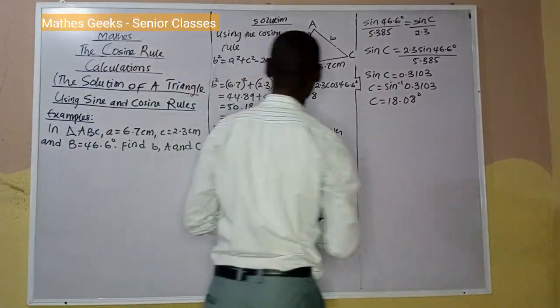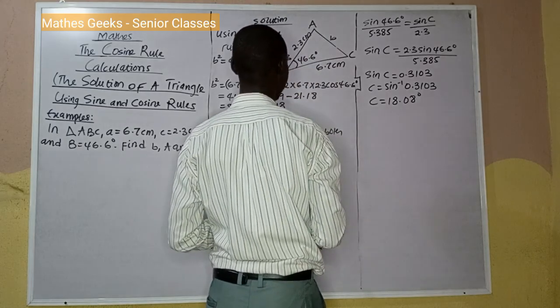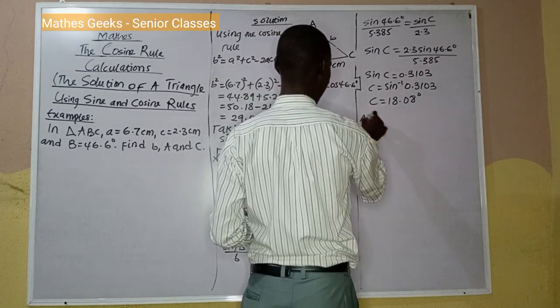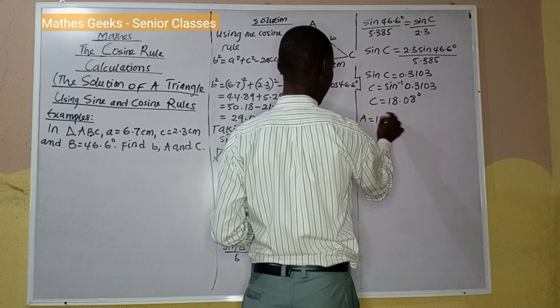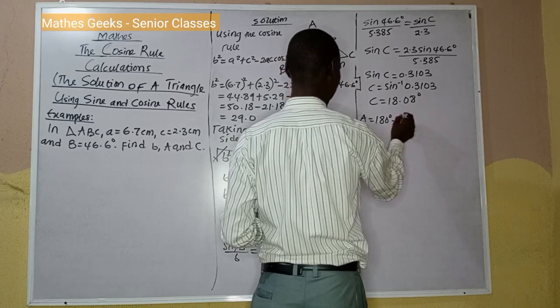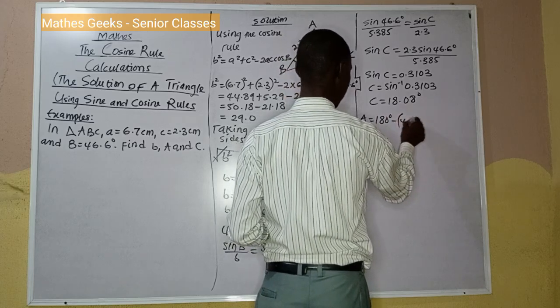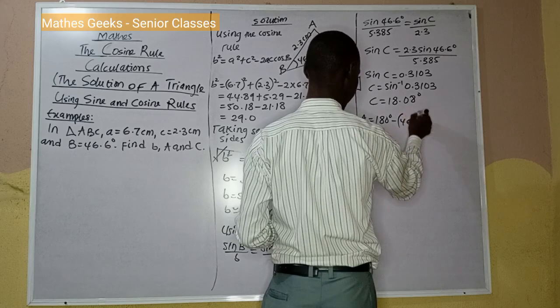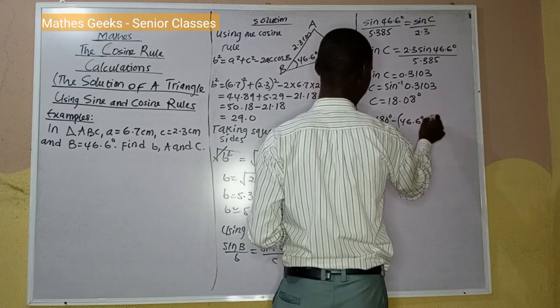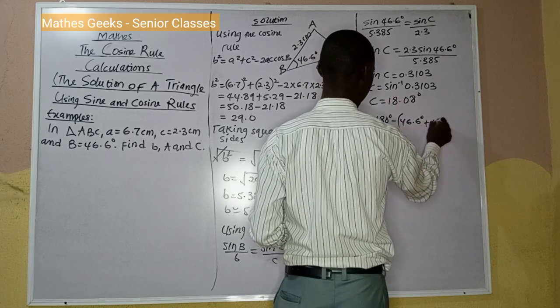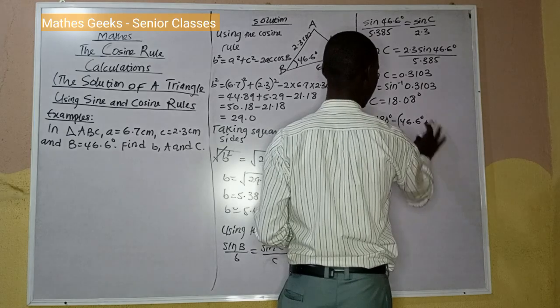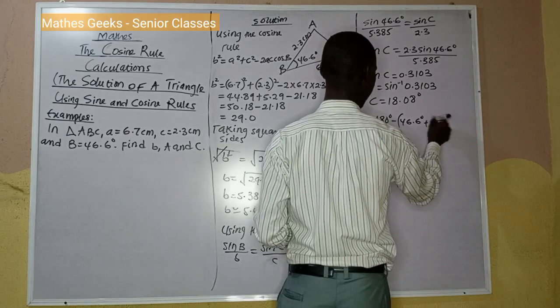Now to get angle A, so A is equal to 180 degrees minus 46.6 degrees plus 18 point something.